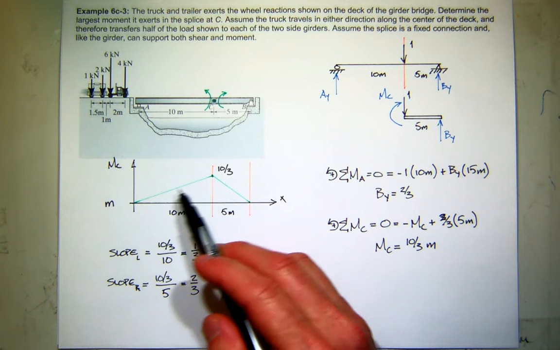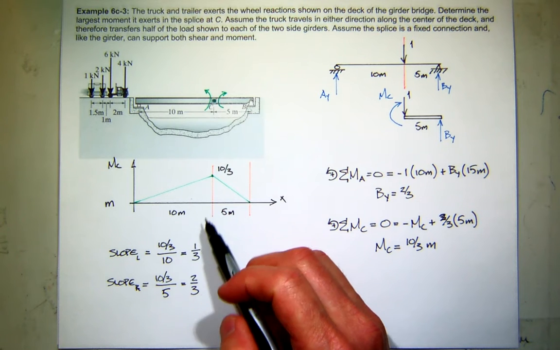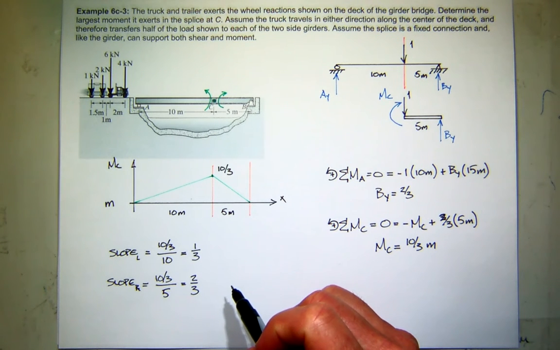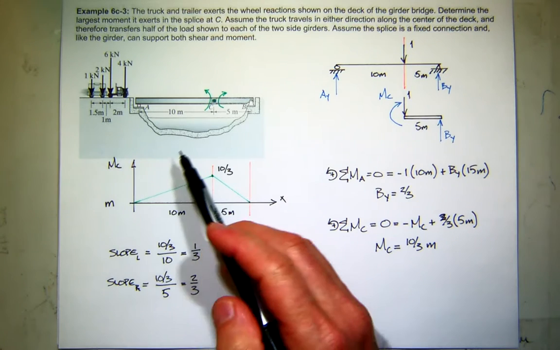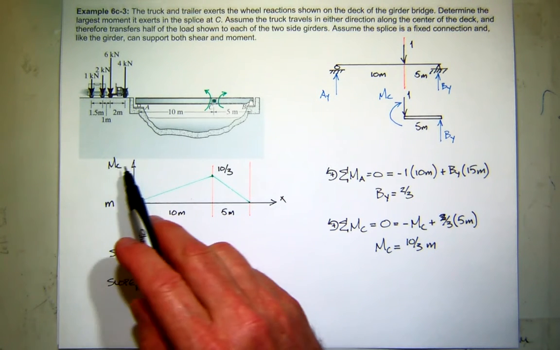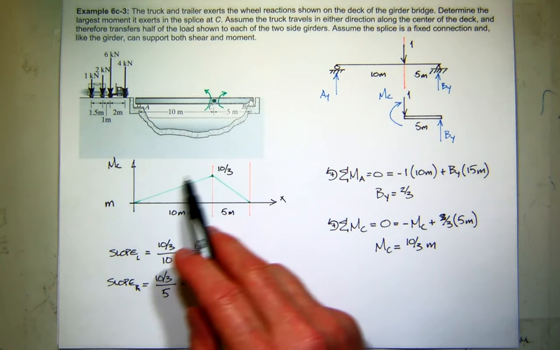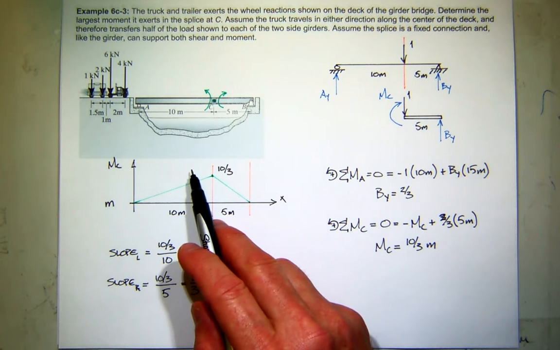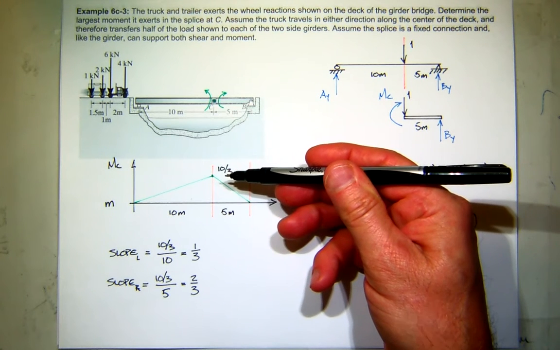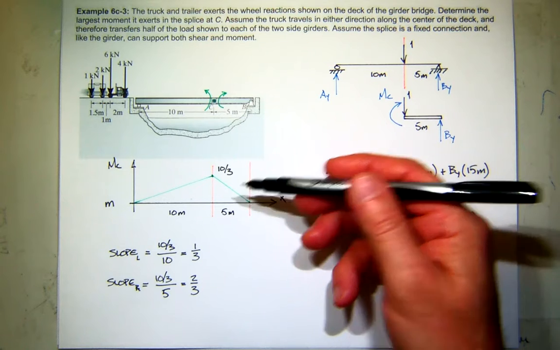So when more of your forces are on the left-hand side, they'll probably have higher ordinate values than on the right-hand side. So probably the best direction to create the largest value would be the truck going from left to right, because most of the forces would be on this side. If it turns around and goes this way, most of the forces are going to end up having smaller values. That's one way to look at it.